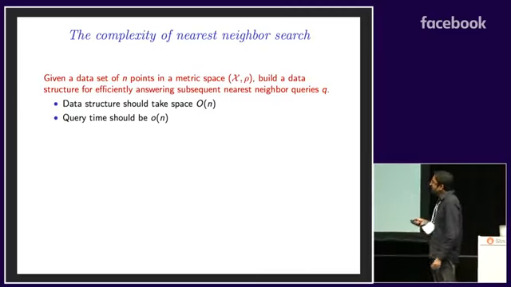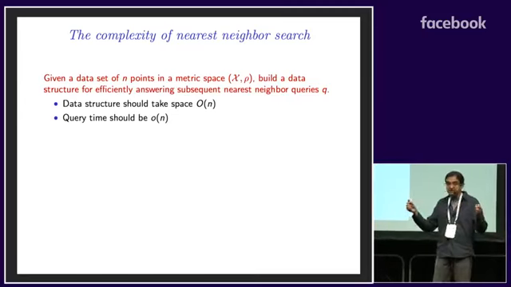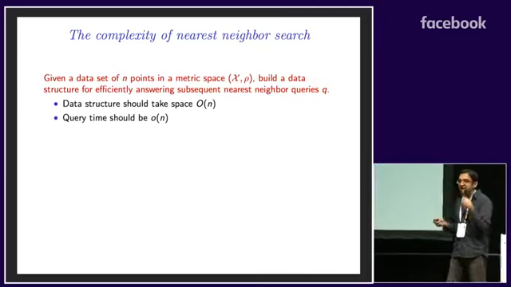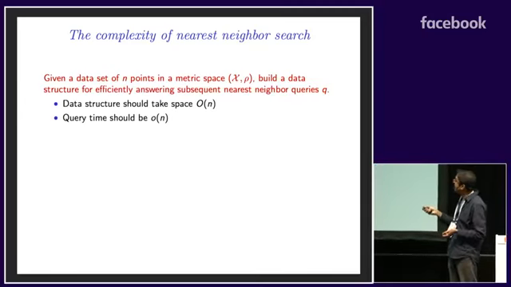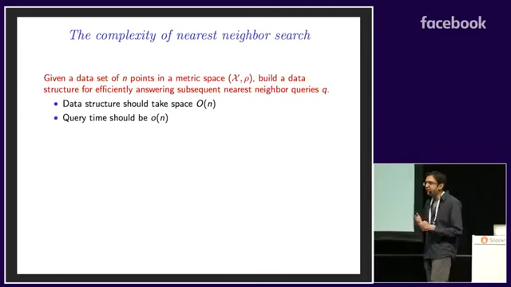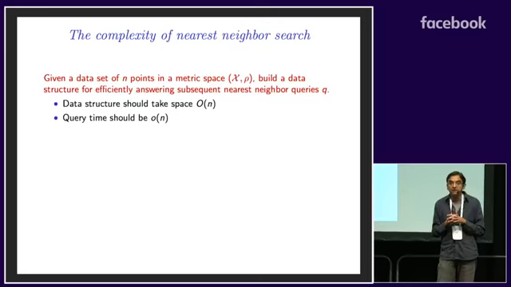So what we would like is to take those points and come up with a data structure that's of linear size. We don't want a huge data structure, such that queries can subsequently be answered in time little o of n, much faster than n. Now, the case in which we can really do this very easily is if the points lie on a line. Why? What's the data structure?